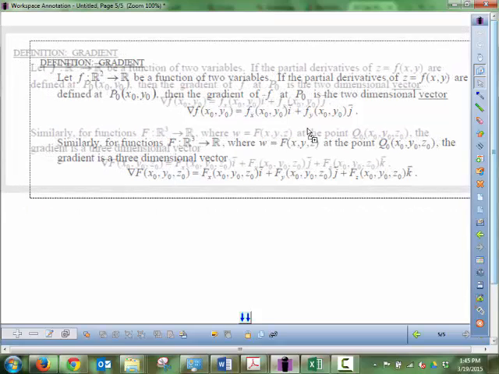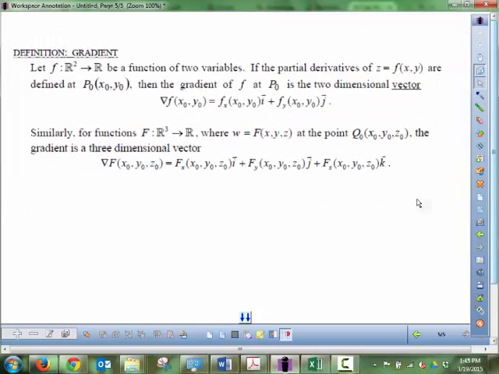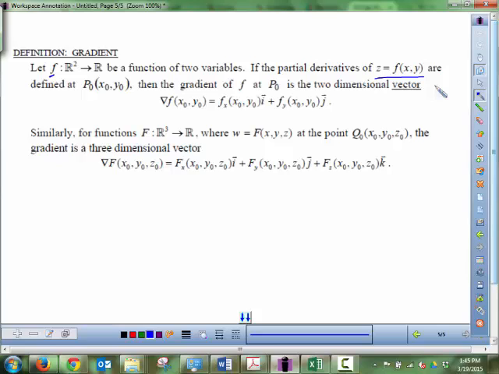In these notes that I'm going to share with you, I use a convention of little f to be a function from R2 to R. So that would be a z is equal to f of xy function. And then I use capital F as a function from R3 to R, which now is a four-dimensional type of function.